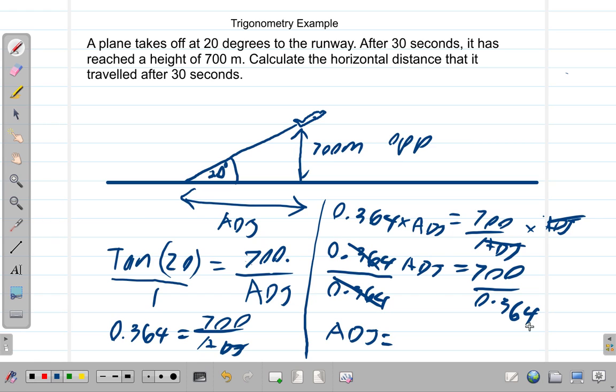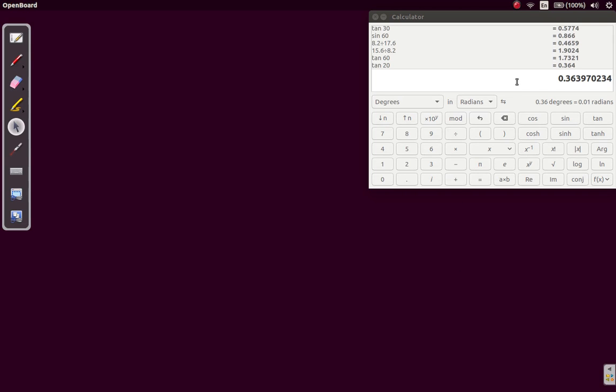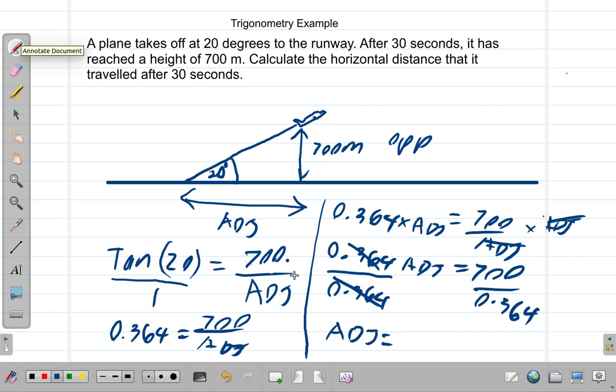Adjacent equals 700 over 0.364. 700 divided by 0.364 equals 1923. So 1923 meters is your answer.